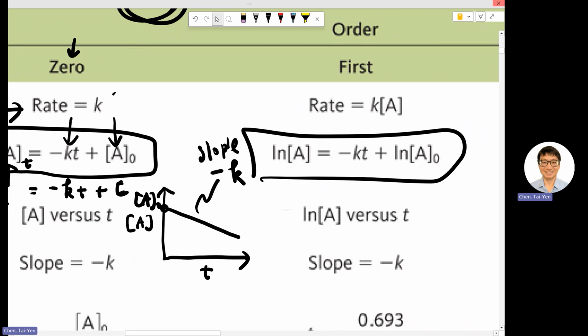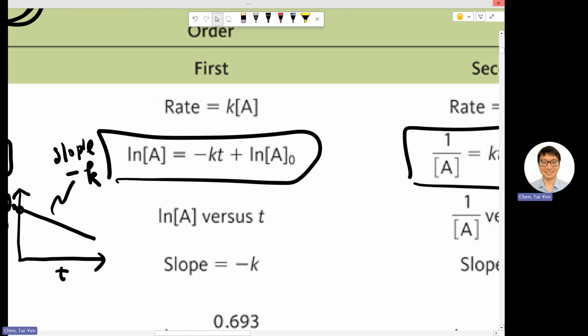Okay, we're going to repeat the same thing for the first order. So the first order rate law: rate equals rate constant k multiplied by A to the first power, right? That's the differential rate law of first order. The corresponding integrated rate law is this: natural log of A at time t is going to equal negative k times t plus natural log of A0.